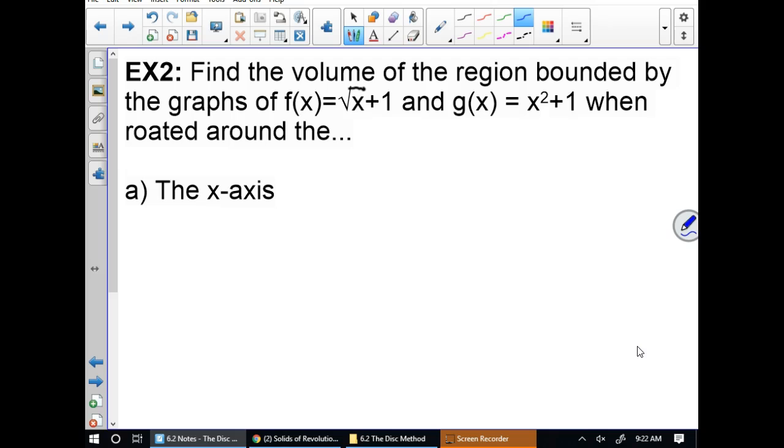Okay, so for this one, if we think about the graph of this, this is almost the exact same problem we had before. It's just the square root of x has been moved up 1 and the x squared has been moved up 1.